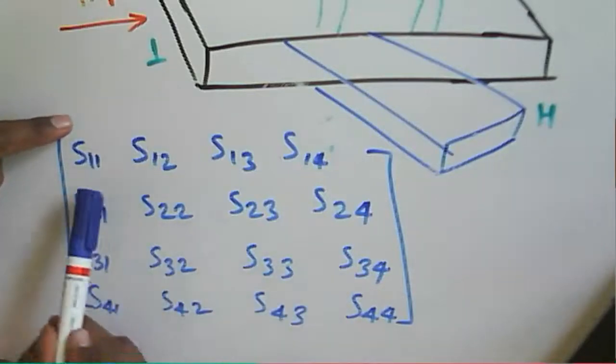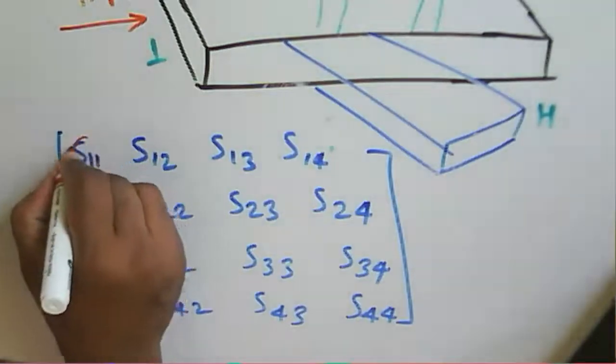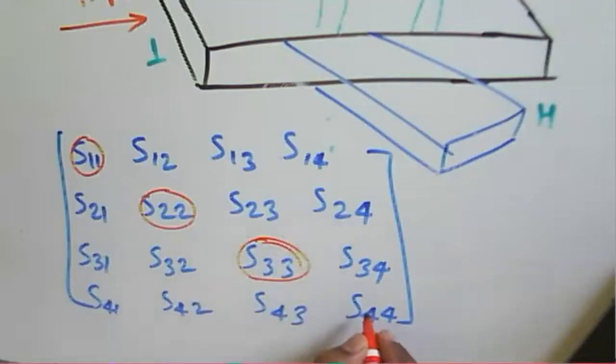S11, S22, S33, S44 are 0, because the port is matched, so this terminal is going to be 0.